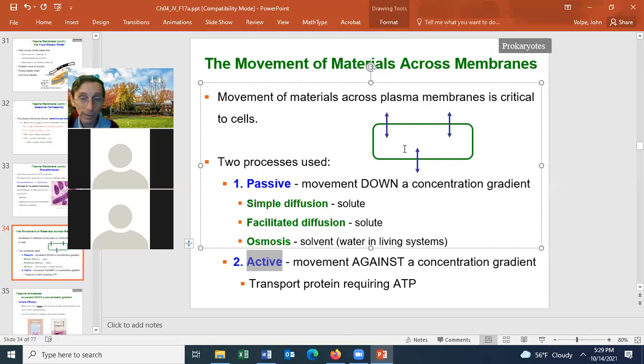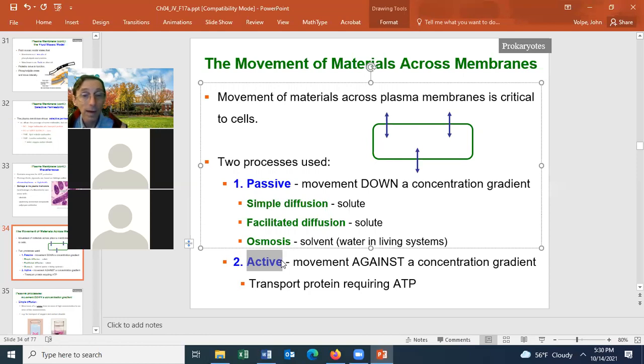The cell doesn't want it, so it could pump that drug outside into the blood, and that would be against the concentration gradient. The pumping of material outside the cell as an active process is actually fairly rare. Any questions about any of that?